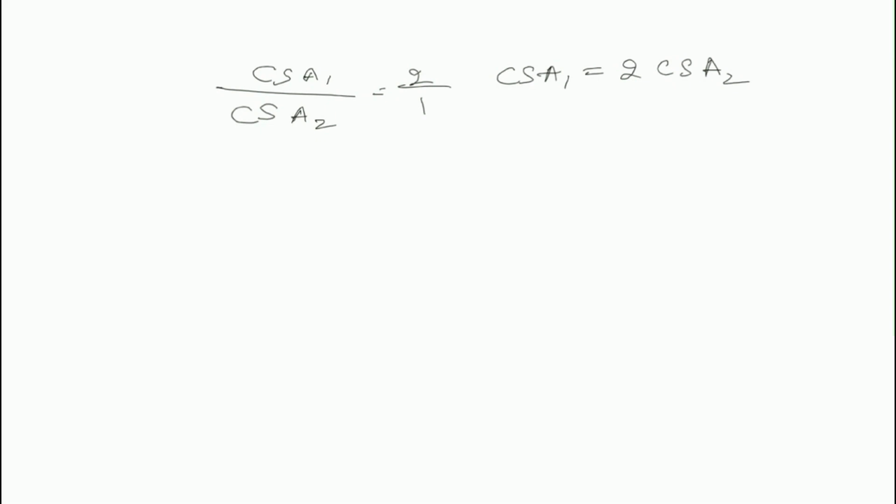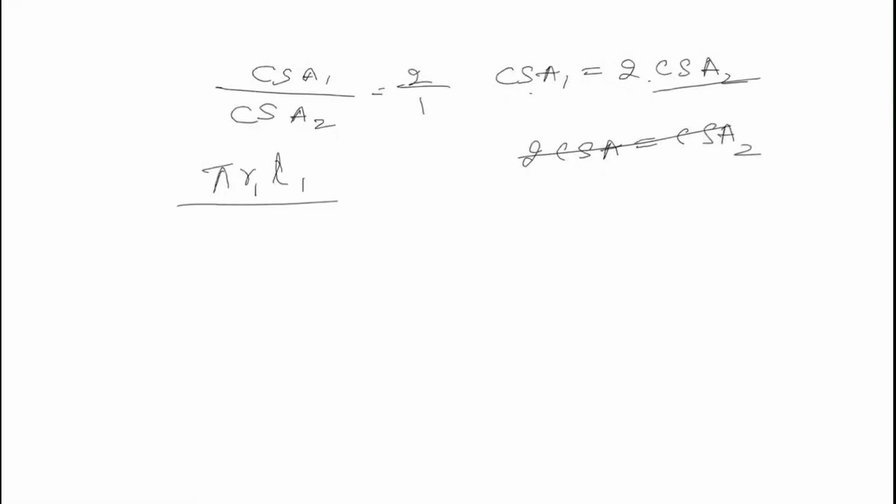No. It says the surface area of one is twice that of the other. So you are saying 2 CSA1 equal to CSA2, you are telling. No, this is not correct. Surface area of the first one is twice that of the other. So 2 by 1. So this is pi R1 L1 by pi R2 L2 equal to 2 by 1.